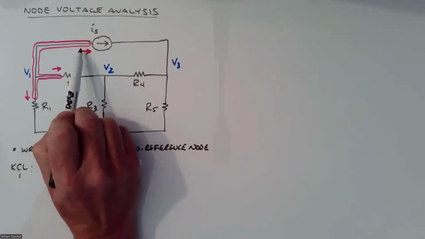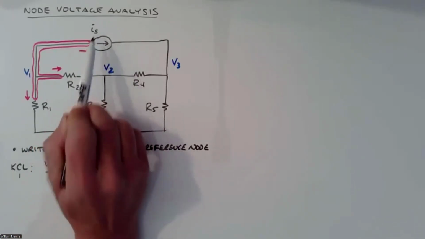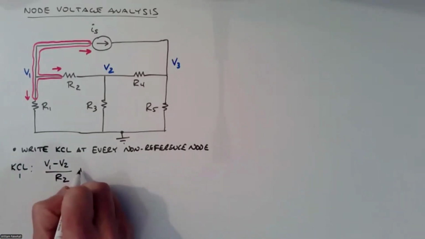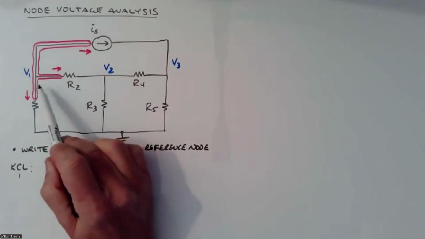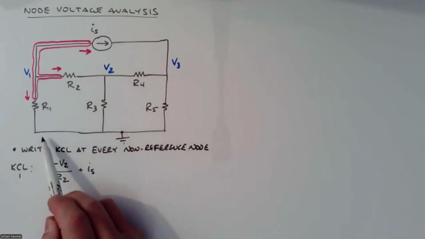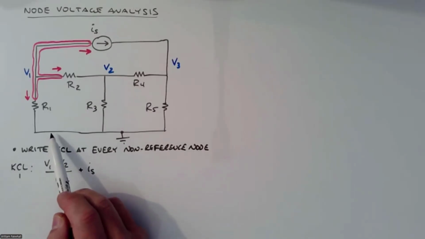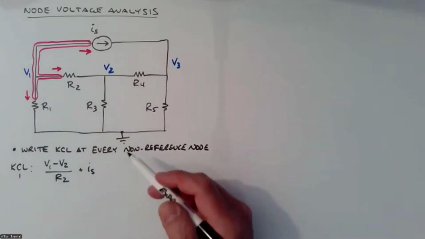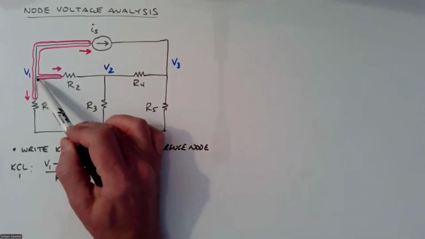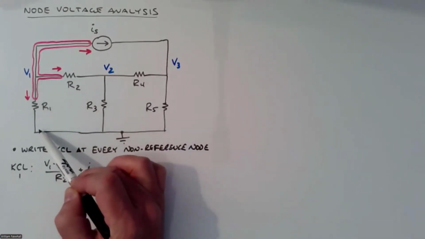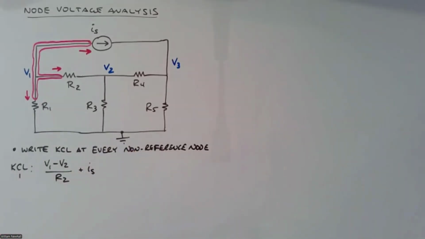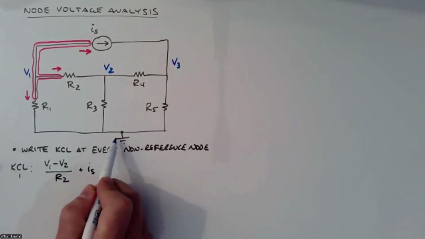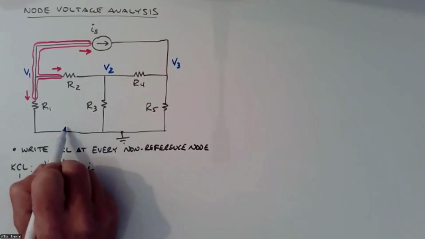The second term I'll write is the current leaving from left to right through the current source. Well, that's IS, right? And then sum that with the current going from V1 down to the reference node. All right, so the current going down through R1. Okay, that's going to be this node voltage, V1, minus this node voltage, divided by R1. Well, what's the node voltage of the reference node? It's voltage compared to itself, so that is 0 volts.